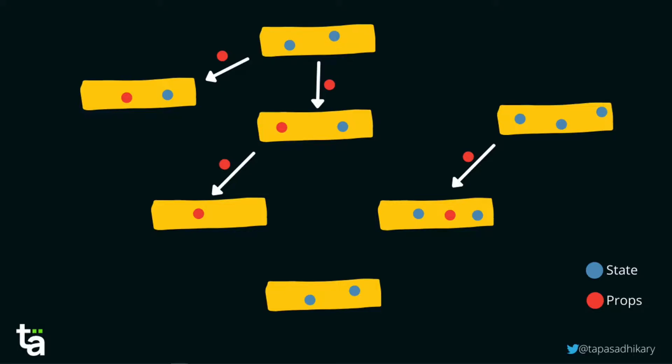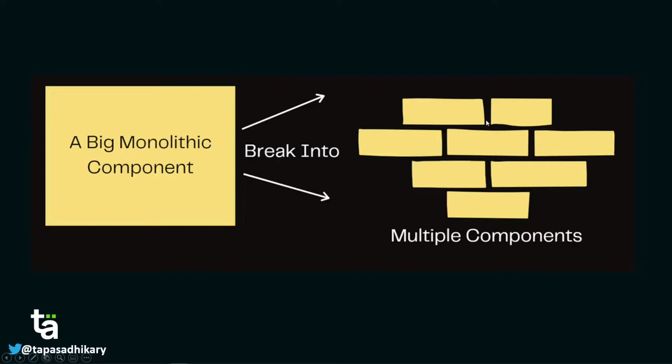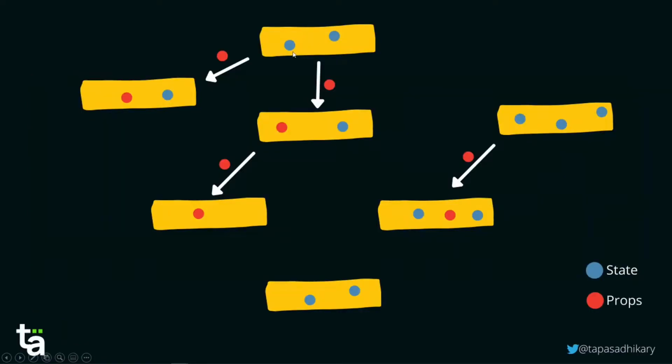Each of these yellow boxes that we are showing here is a component, which we have seen in the last slide. These yellow boxes are the small components. Inside these components, each of these blue dots represents state and each of the red dots represents props. What exactly does it mean? It means this component has its own private data, which is the state, but this component has to interact with another component.